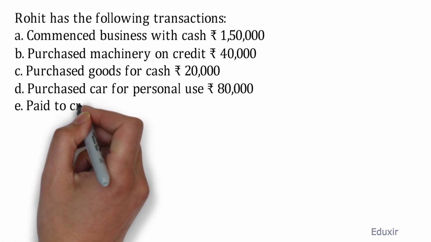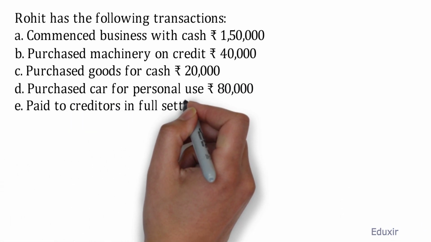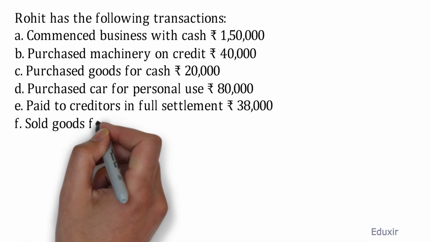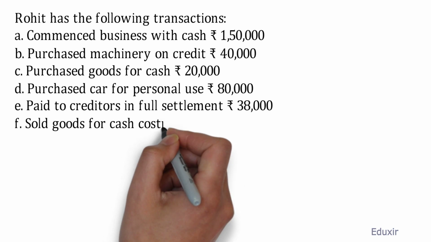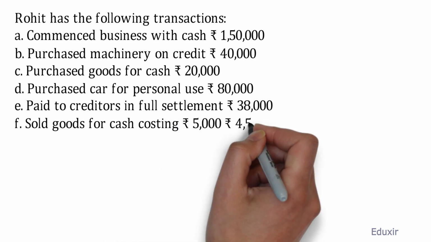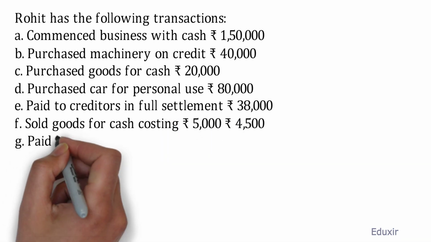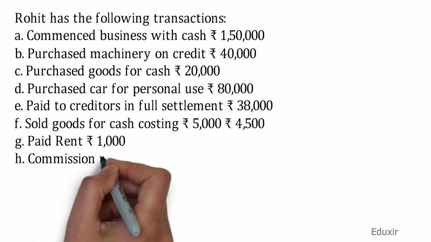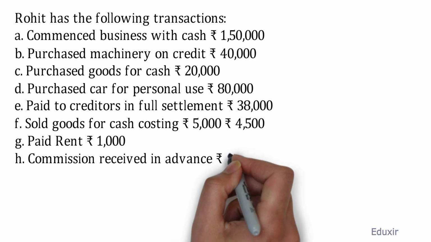Paid to creditors in full settlement 38,000. Sold goods for cash costing 5,000 for 4,500 rupees. Paid rent 1,000 rupees. Commission received in advance 2,000 rupees.